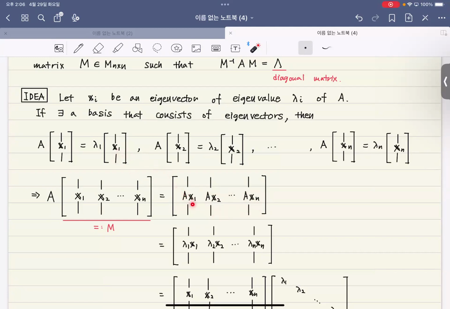Now, since they are the eigenvectors of the matrix A, A times xi gives lambda 1 x1, lambda 2 x2, and lambda n xn.